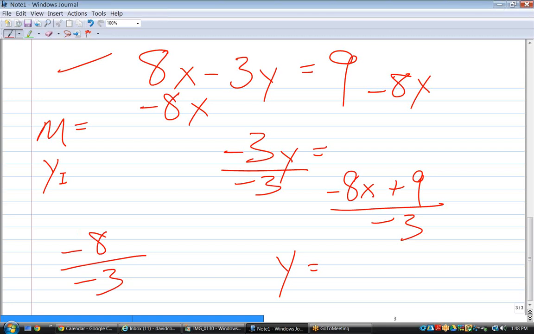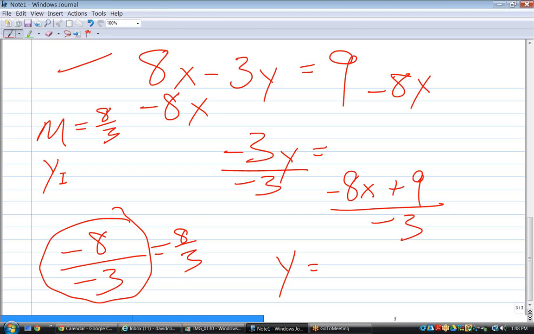By simplifying, I meant that's the same as 8/3. So the slope is 8/3. Now, would you lose a point there? I think so, probably. You wouldn't lose full credit, but you'd lose a point for sure, because you haven't simplified it. Negative 8 over negative 3 is 8/3.